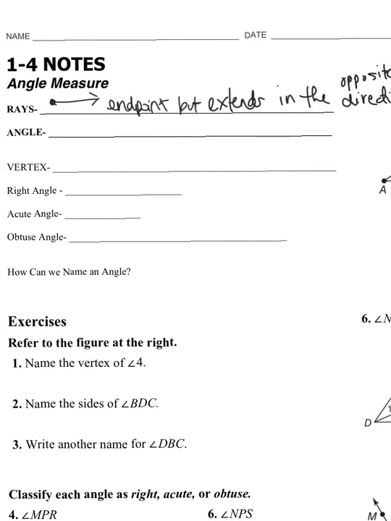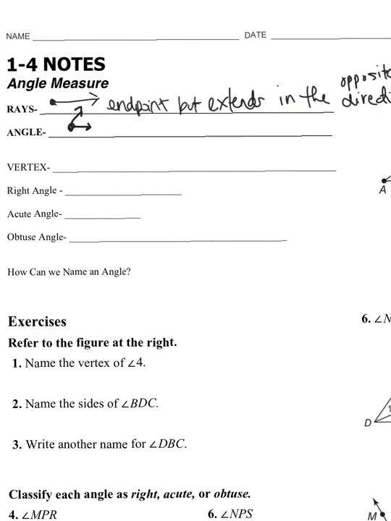The next word is probably one of our most important words. It's called an angle. An angle is basically two rays put together. So it has to have an endpoint. That's an angle. It's two rays put together.